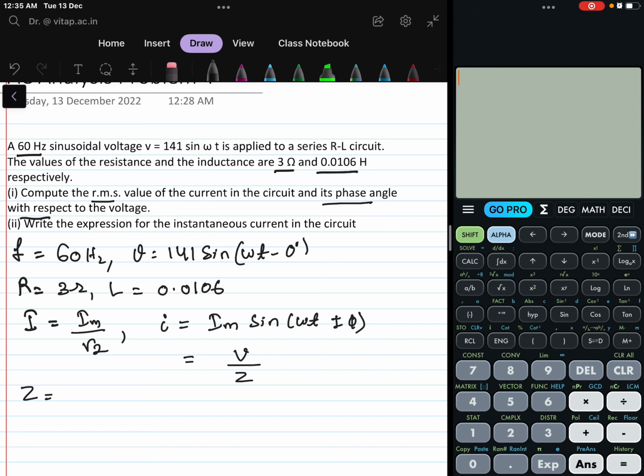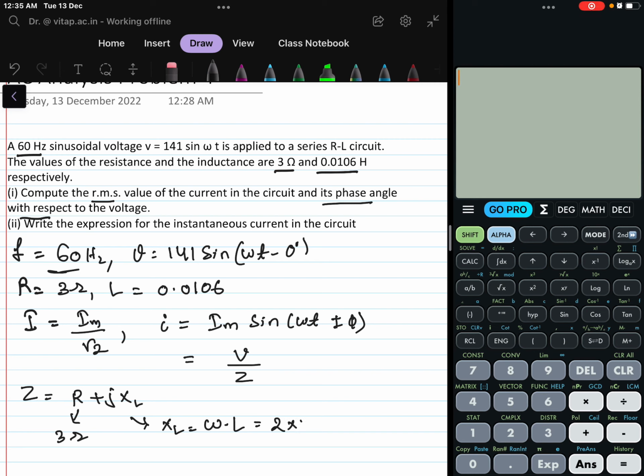Z is equal to R plus jX. In this case only inductance is there, so it will be jXL. The R value is given as 3 ohm. What is the XL value? XL is equal to omega into L. Omega is 2 pi f, and the frequency given here is 60.